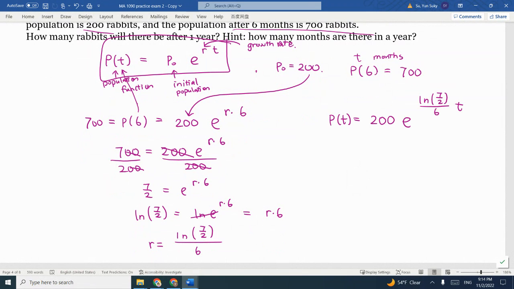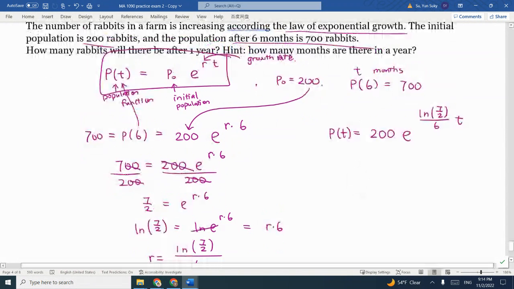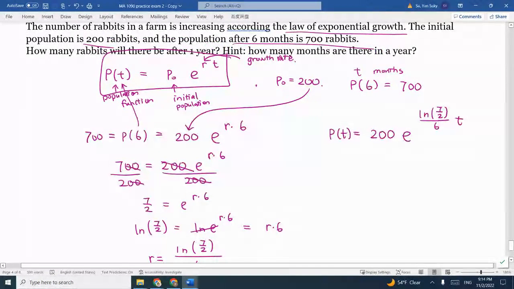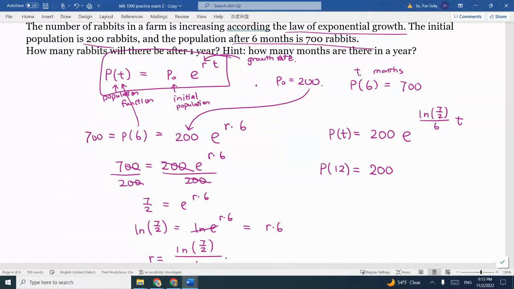How many rabbits will there be after 1 year? 1 year, but our unit for the time is months. So that's why I put the hint. How many months are there in 1 year? 12 months, right? So we plug in t is 12: 200 e to the ln 7 over 2 over 6 times 12.